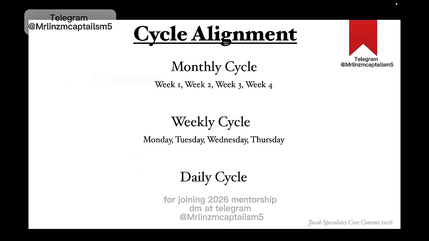Then you have the daily cycle, which is the Asia session, London session, New York primary session, and New York afternoon session. Each session makes up a quarter, and remember, a day is a whole, so that's why we call it the daily cycle, and so on and so forth for all of the other cycles.